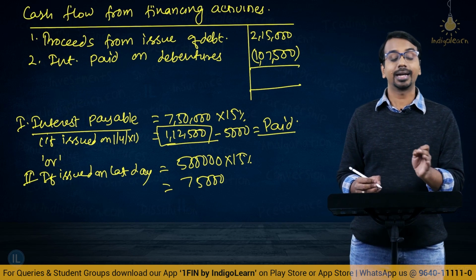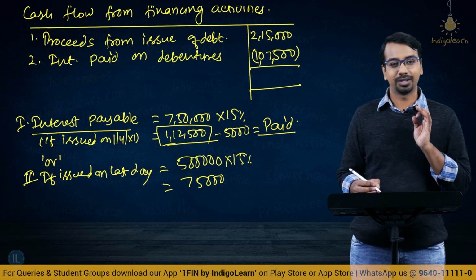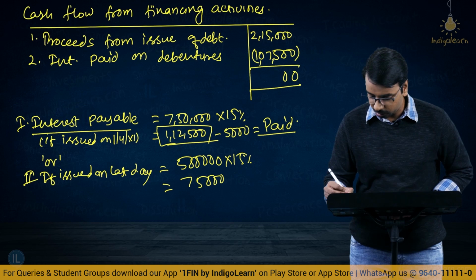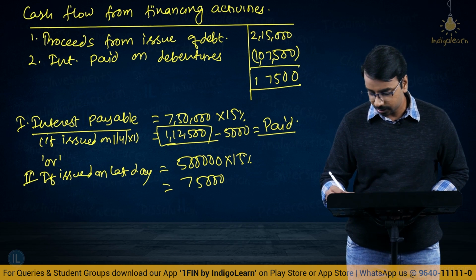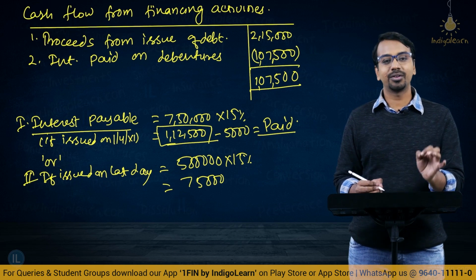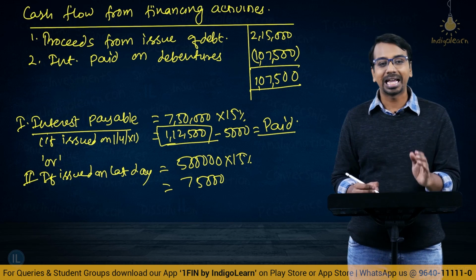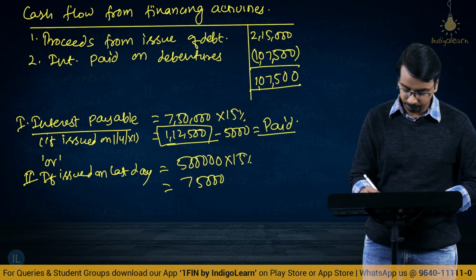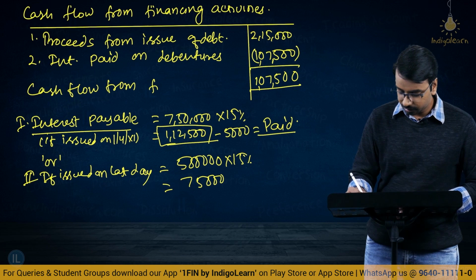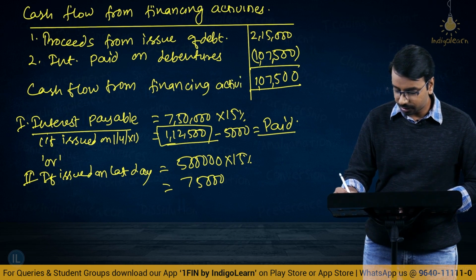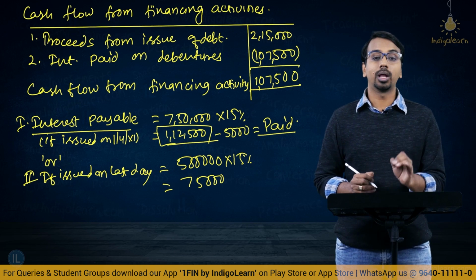Inflow minus outflow, you will get net cash flow from financing activity. 2,15,000 minus 1,07,500 is 1,07,500. So just write cash flow from financing activity, 1,07,500.